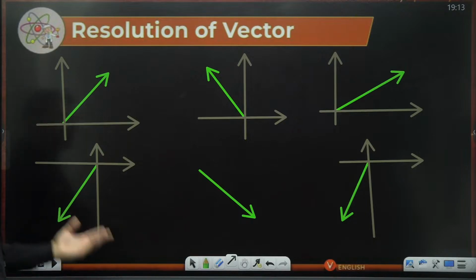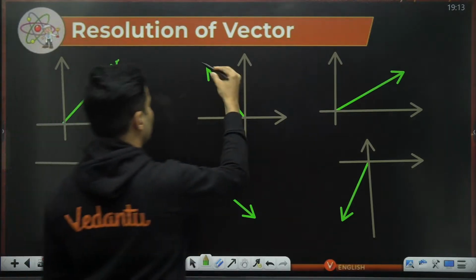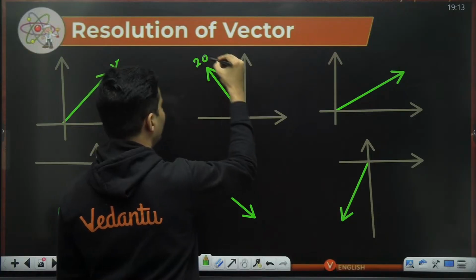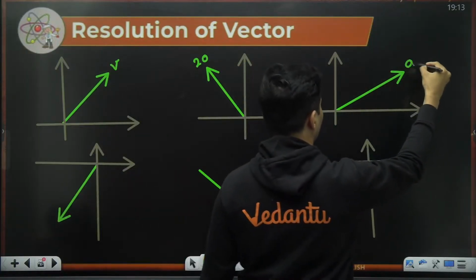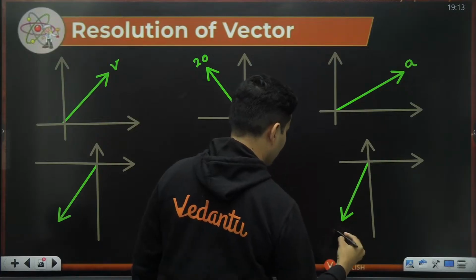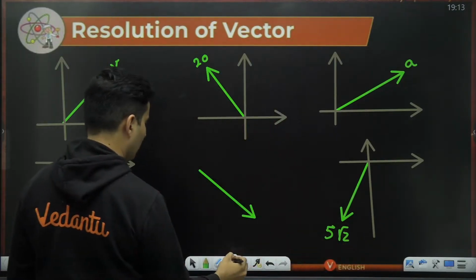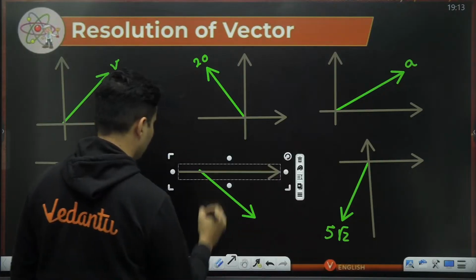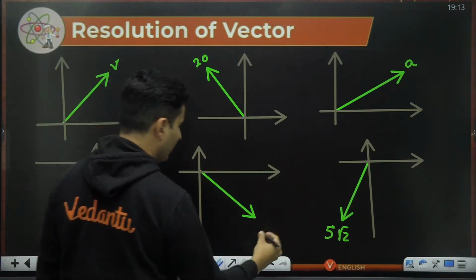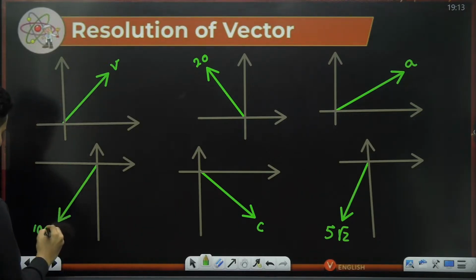Those are the axes and those are our vectors. Let's say this is vector V, a vector of magnitude 20. Let's say this is a vector A, of magnitude 5 root 2. This is a vector of magnitude C, let's say a vector of magnitude 100.